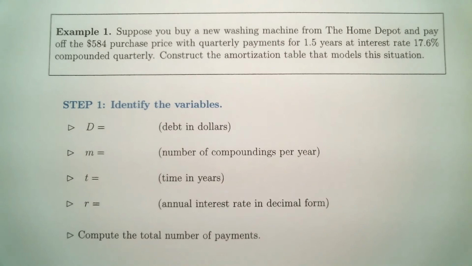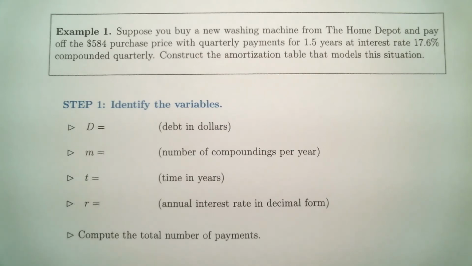So we're going to calculate the quarterly payment that you would have to pay off the washing machine, both purchase price and interest. Before we plug into our amortization formula, and again, you're going to use that because you're paying off a debt, we're going to identify the variables involved in the formula.